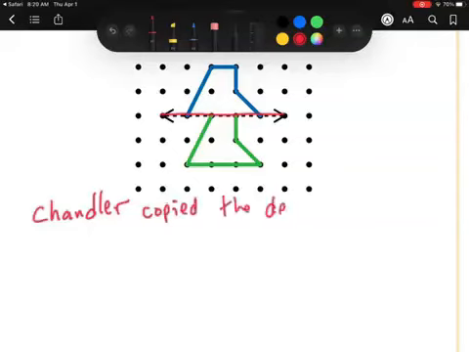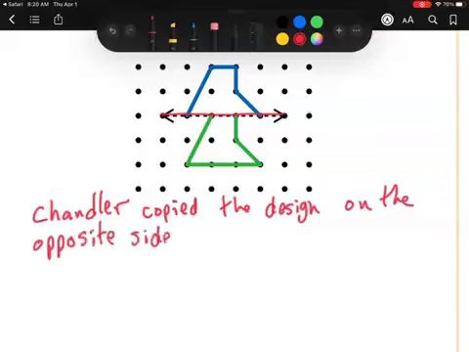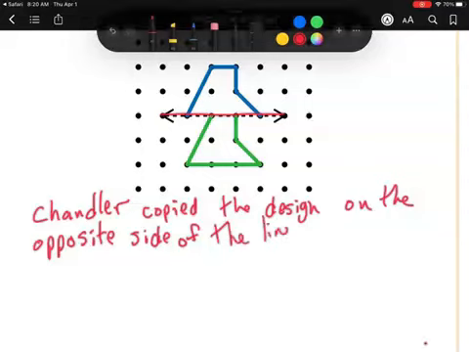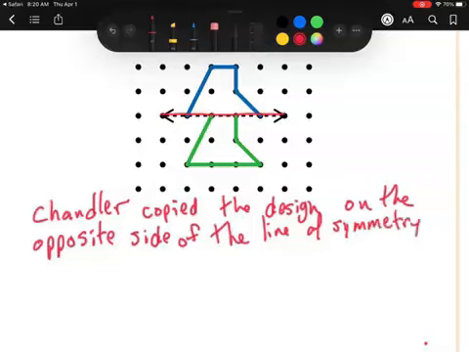copied the design on the opposite side of the line of symmetry instead, oops, I put inside, so it should have been instead.